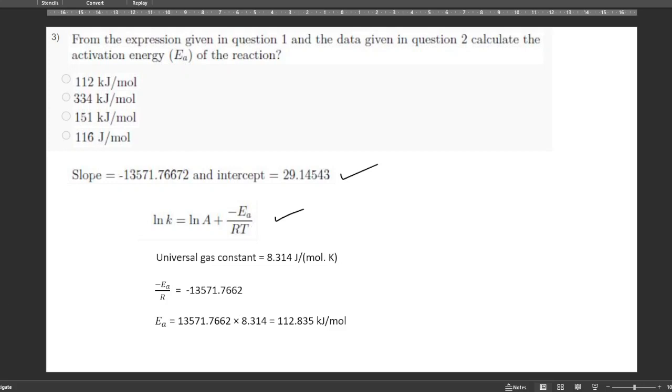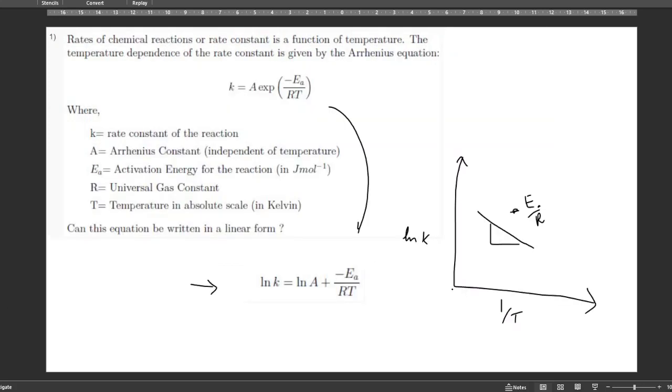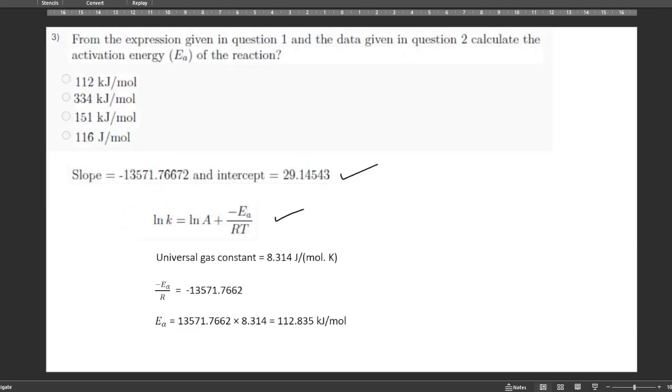If we draw the ln k versus 1 by T plot, the slope is given by minus Ea by R. So minus Ea by R is equal to minus 13,571.76. The negative signs will get cancelled out. Then Ea is nothing but 13,571 times the gas constant R, 8.314, which will result in 112.835.